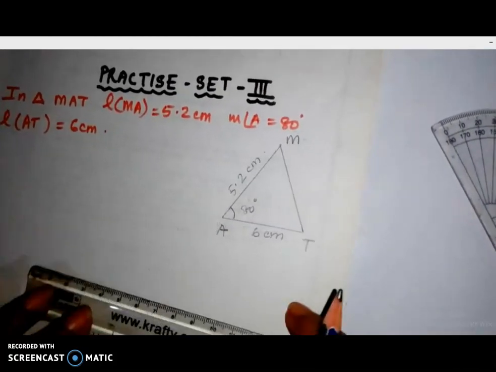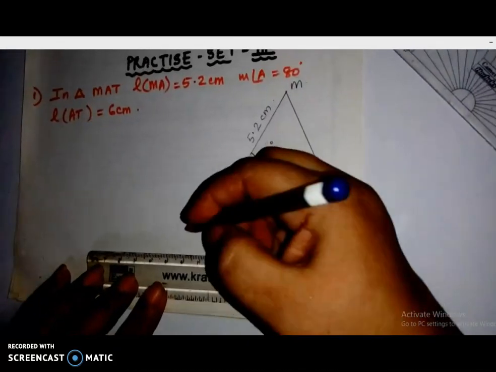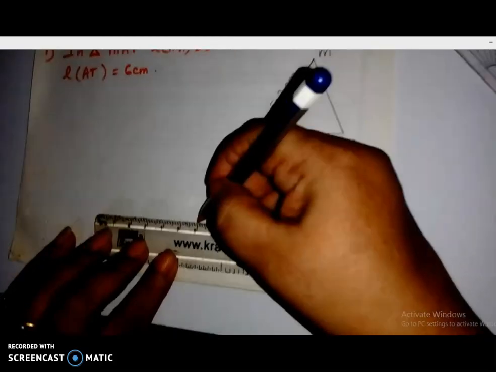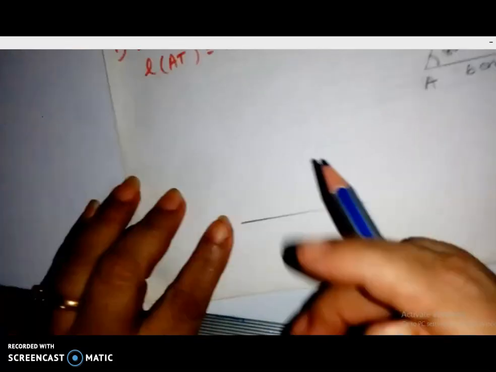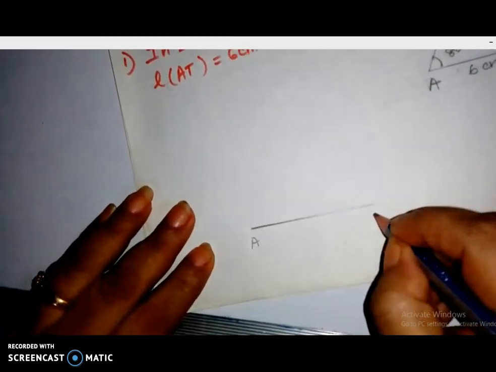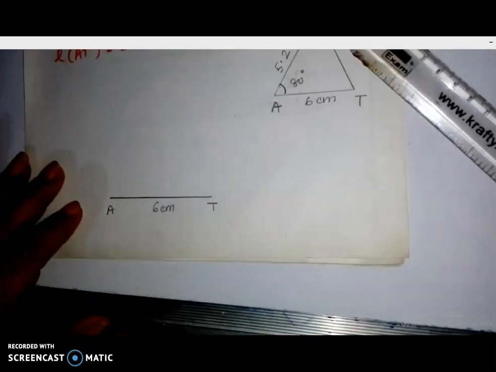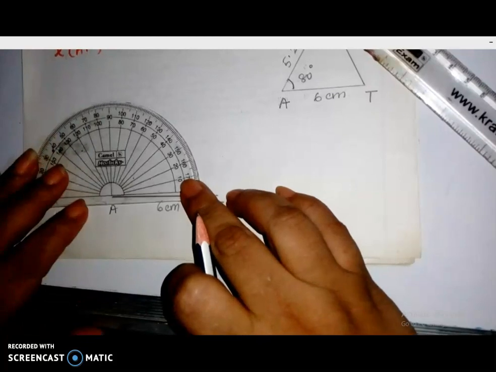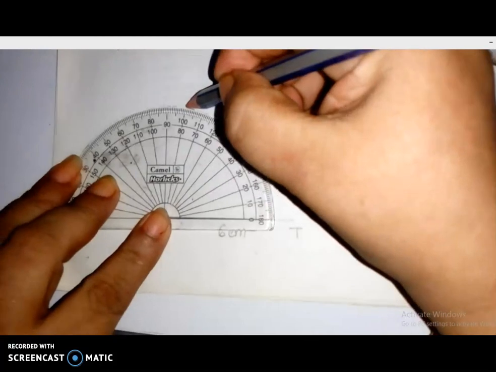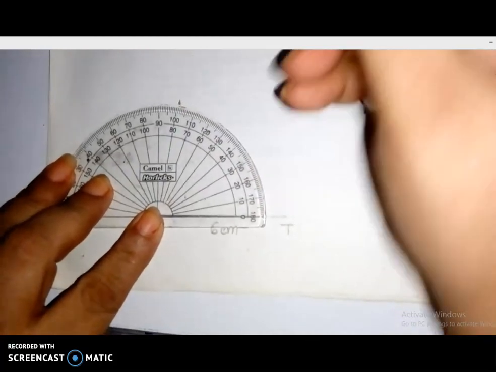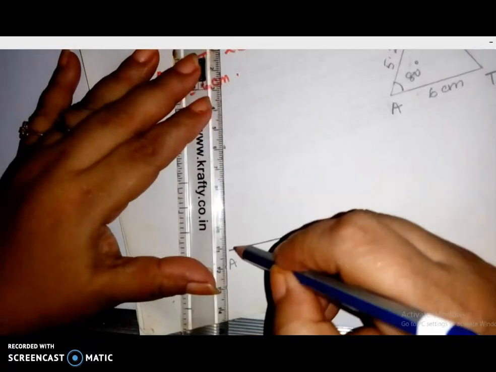Now draw the fair figure. I will take the base 6 centimeter. Now with the protractor we measure angle A. It's an acute angle equal to 80 degree. Now join this.